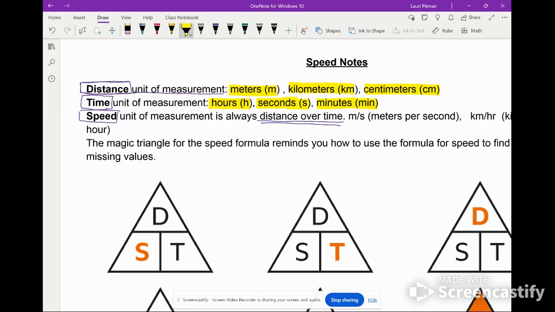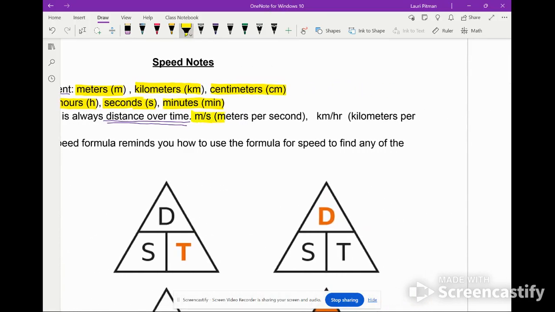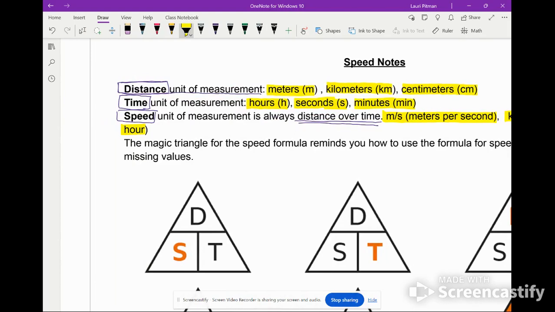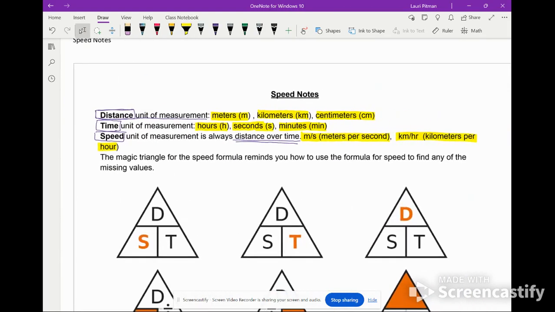So if you take a look, we have m/s, which represents meters per second. We have km over hr, which means kilometers per hour. Notice that sounds very similar to our speed limit on the highway, miles per hour. So anytime you have a distance over a time, it's a measurement of speed.